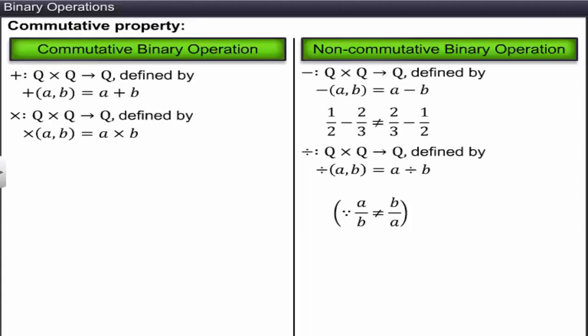Also, 1 upon 2 divided by 2 upon 3 is not equal to 2 upon 3 divided by 1 upon 2.